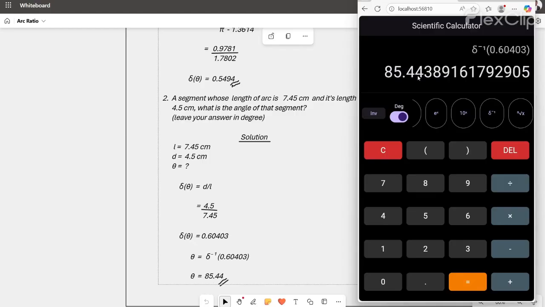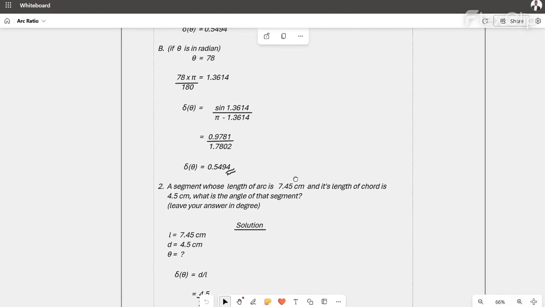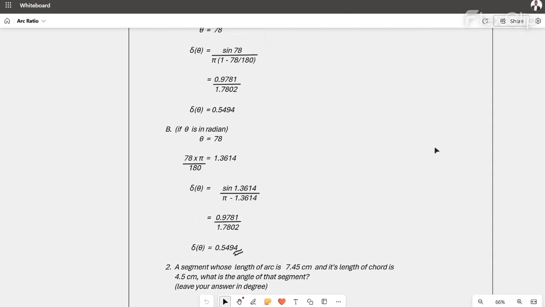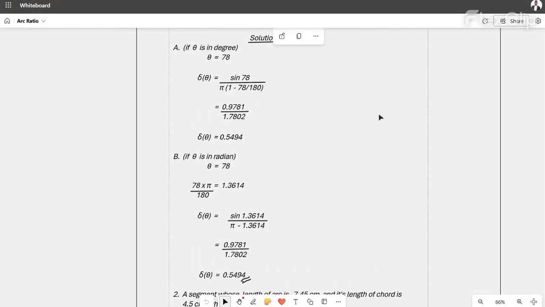So if you round the result up, we have 85.44 degree. As you can see, when we use our calculator, we got the same answer as what we solved. Alternatively, you can also use the calculator if you don't want to go through all the stress of using all these formulas.